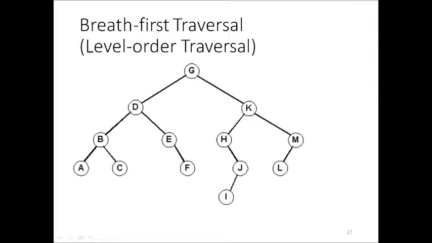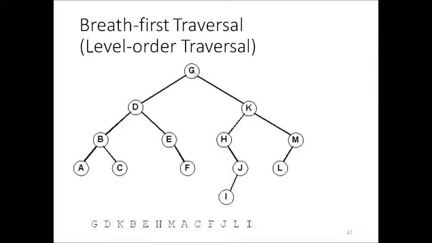For level order traversal, we'll traverse all nodes on level 0 from left to right, and then all nodes on level 1 from left to right, then nodes on level 2 from left to right. So for example, for this same binary tree, the result of a level order traversal is this.